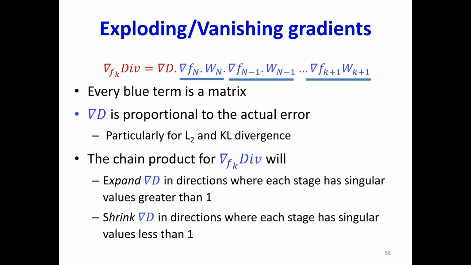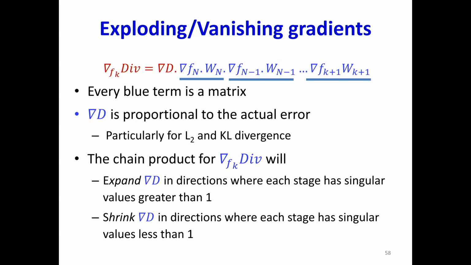Let's look at the whole thing in totality. Each block underlined by blue is a product of a Jacobian and a weight matrix. And this product is going to have some singular values and singular vectors.